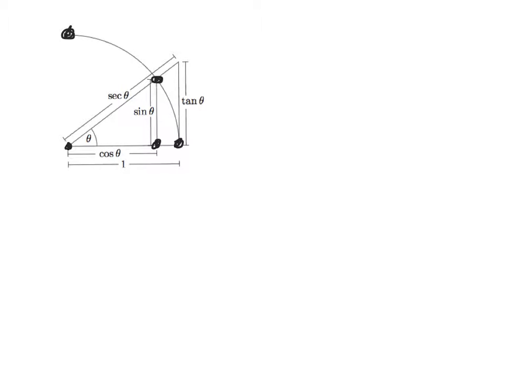The tangent is a vertical line tangent to the circle at the point (1, 0), and the line is extended past the unit circle to intersect with that vertical line.